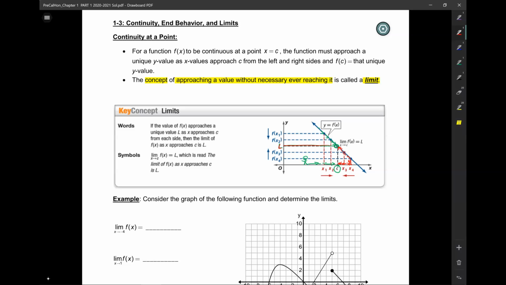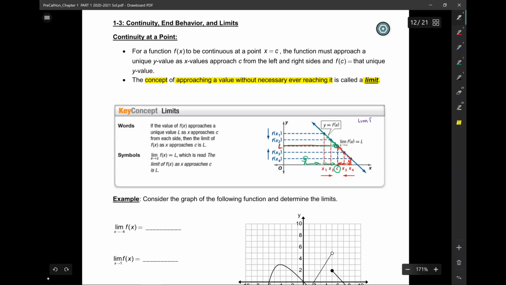Okay, and because as our green man and the red man were approaching c, the y value for both of them was approaching the same value L, we say the limit of this function as x approaches c is L. Let's say that one more time.